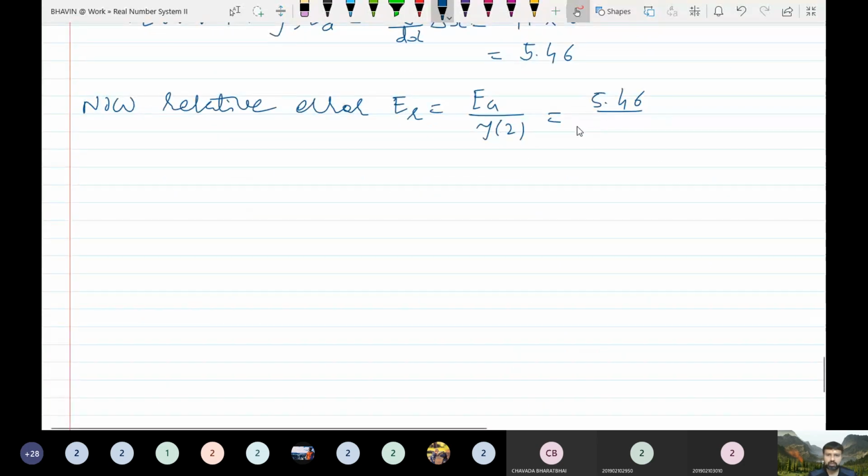So I should write here 40. Therefore relative error is equal to, can anyone give me the answer of this division? 0.13665. Okay, thank you. So this is relative error. Now let us find percentage error.